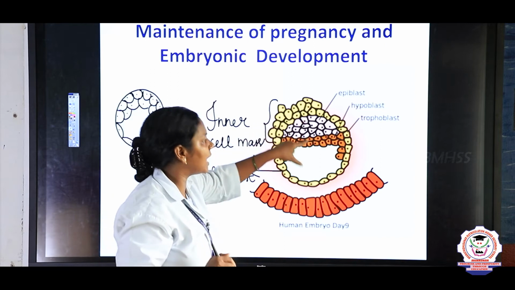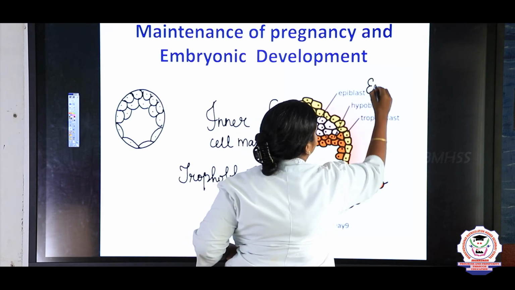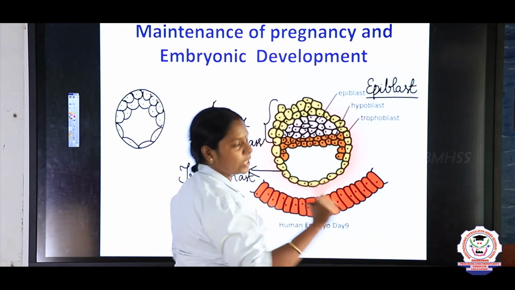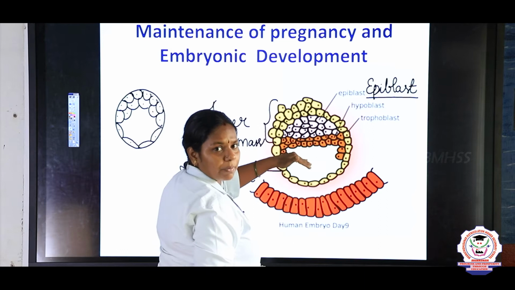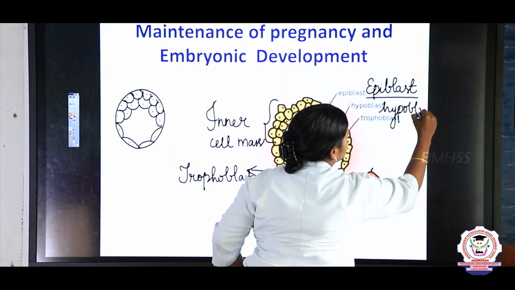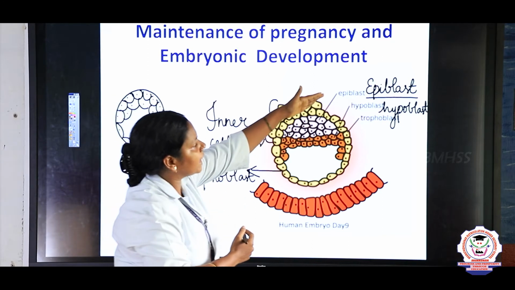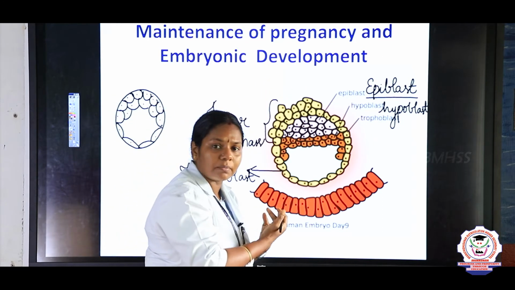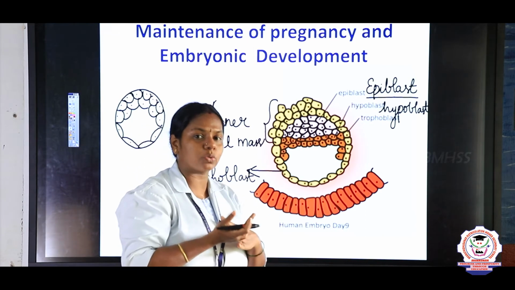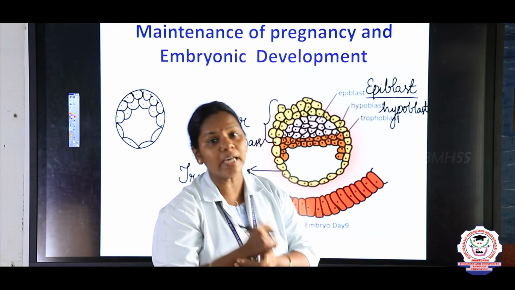One is the epiblast and the other is the hypoblast. The epiblast gives rise to the ectoderm, and the cells inner to the epiblast we call the hypoblast. The hypoblast gives rise to the endoderm, and in between the endoderm and the ectoderm, what is formed? The mesoderm is formed. So this is the structure showing what happens to the blastula, and now we are going to see how the blastula is converted into the gastrula.